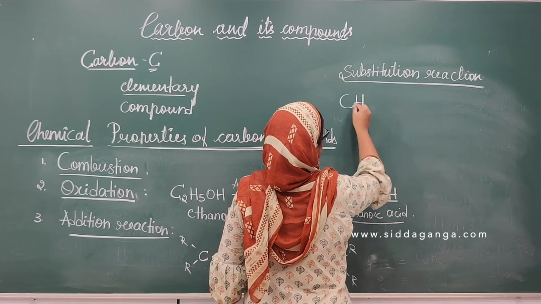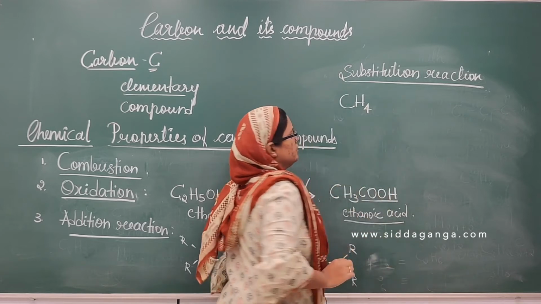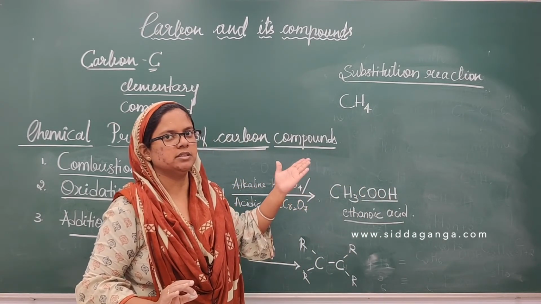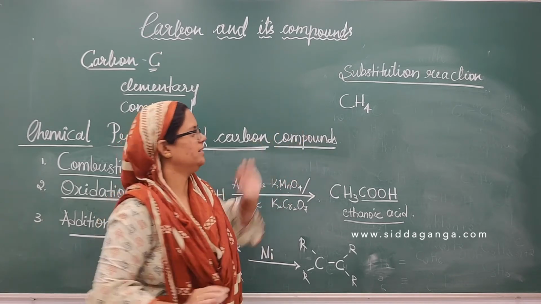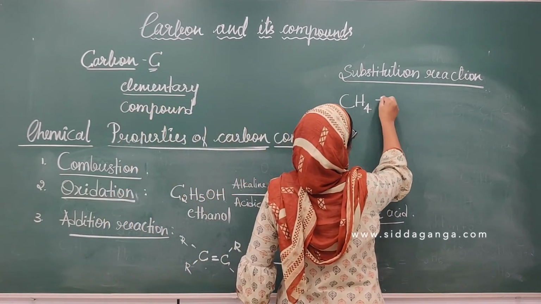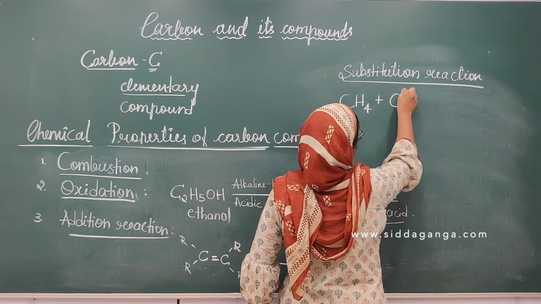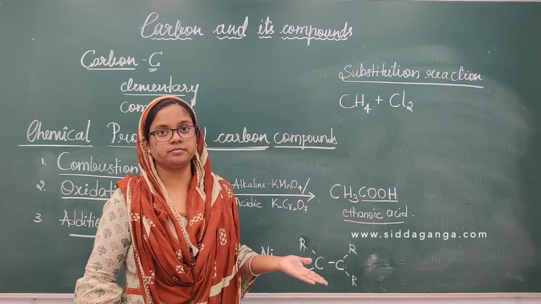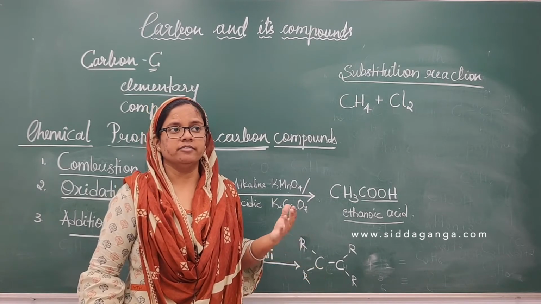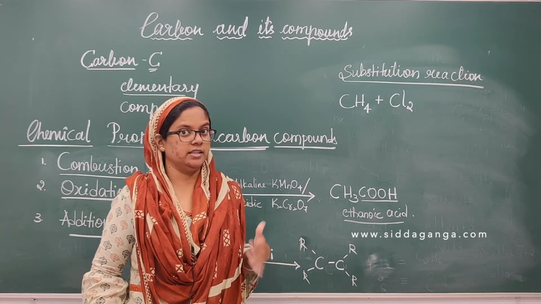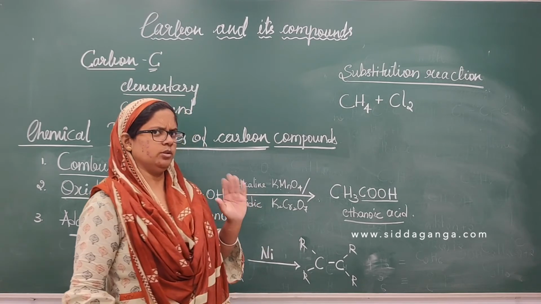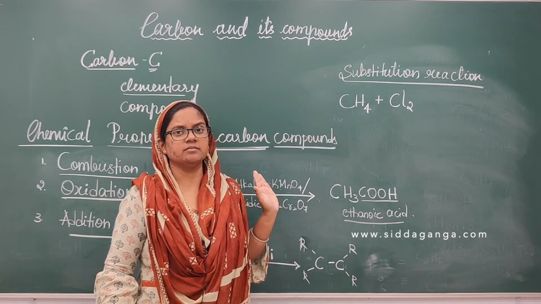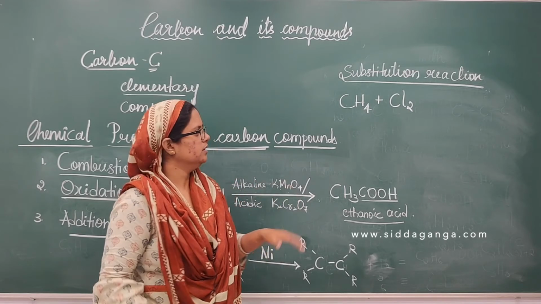What's the name of this compound? This is methane. When methane reacts with chlorine, chlorine is a halogen. We know that usually halogens are highly reactive, but we also know that saturated hydrocarbons are inert. They don't want to react with anyone.